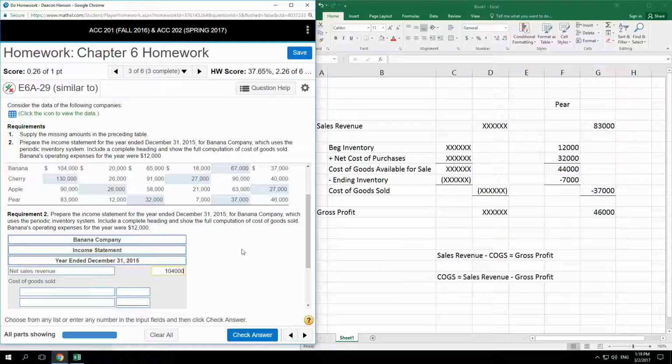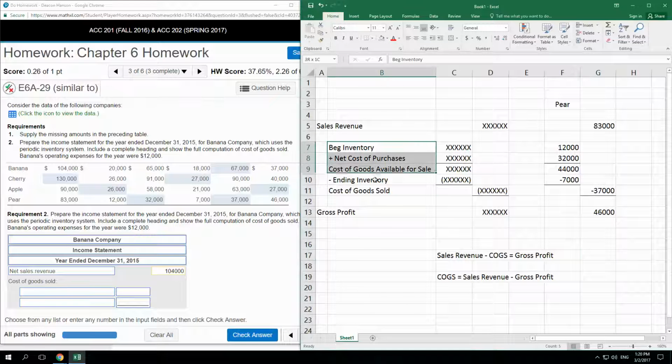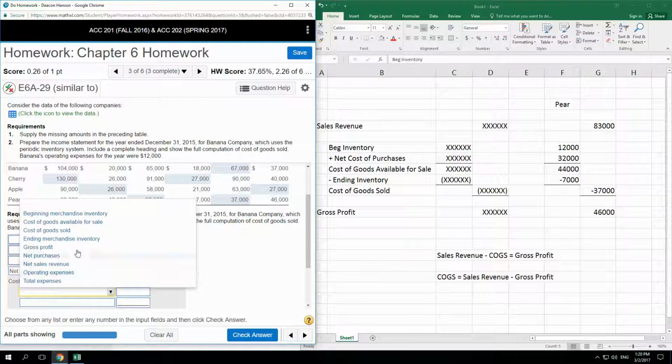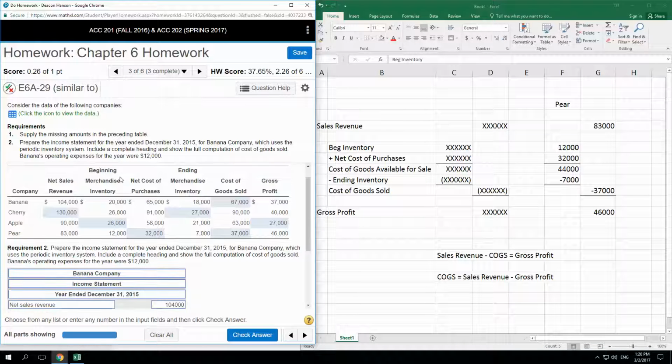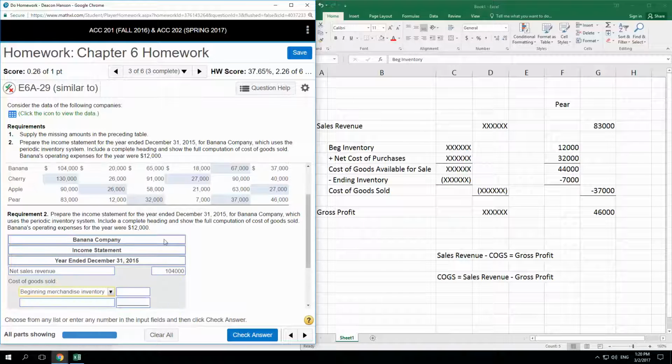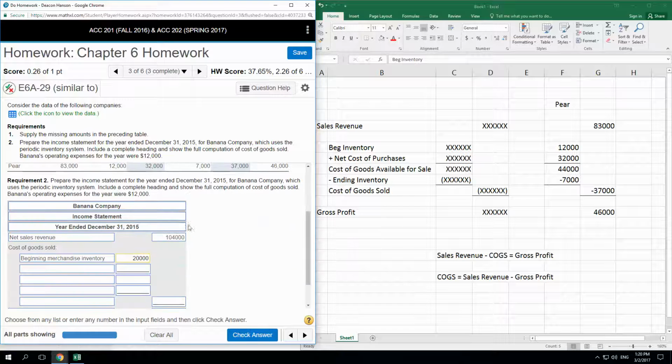Then we're basically going to put this formula that I have here, and what they have running horizontally, we're going to put it in here. So our beginning inventory was, make sure we're getting the right number, 20,000. Okay. The net purchases were 65,000.